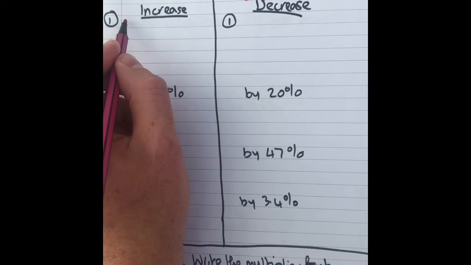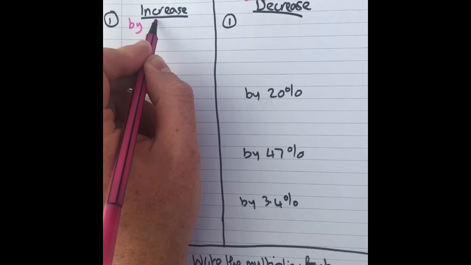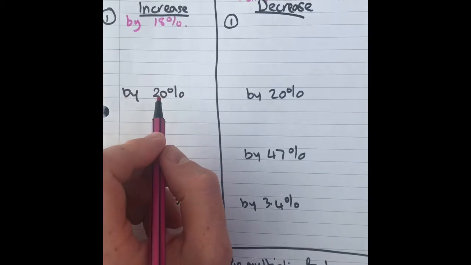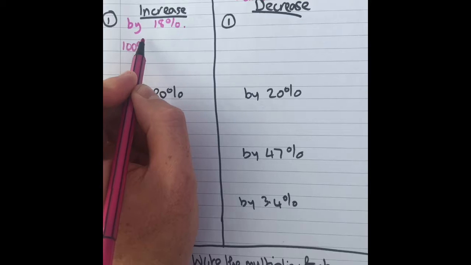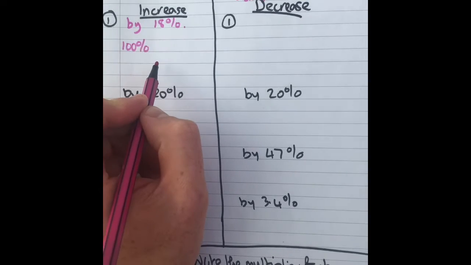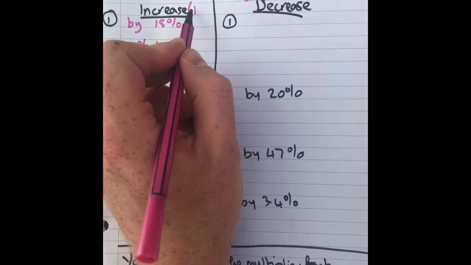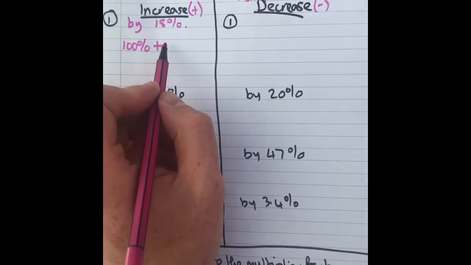So let's say the first one you want to increase by 18%. The way to do it, you always start with 100%, and then you're going to increase, you're going to add. So increase means add, and decrease would mean take away. So you're going to add 18%.